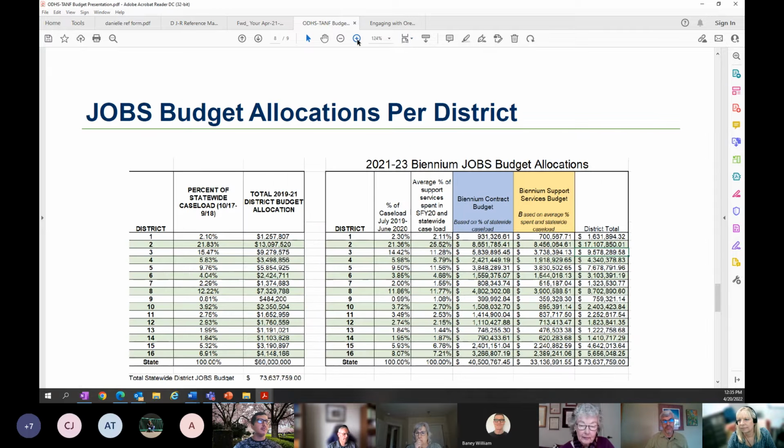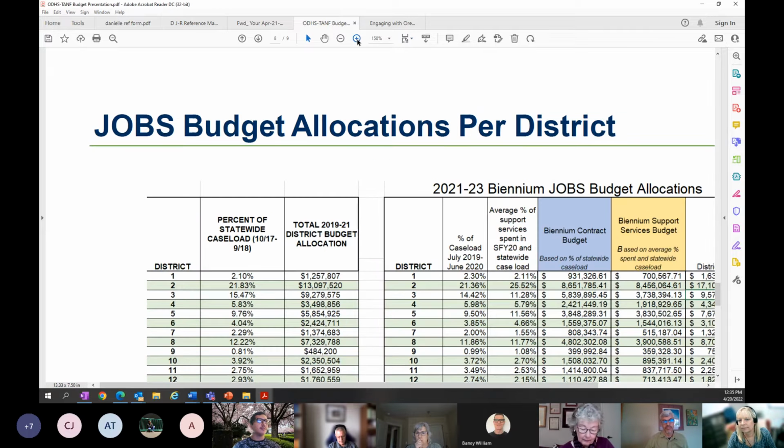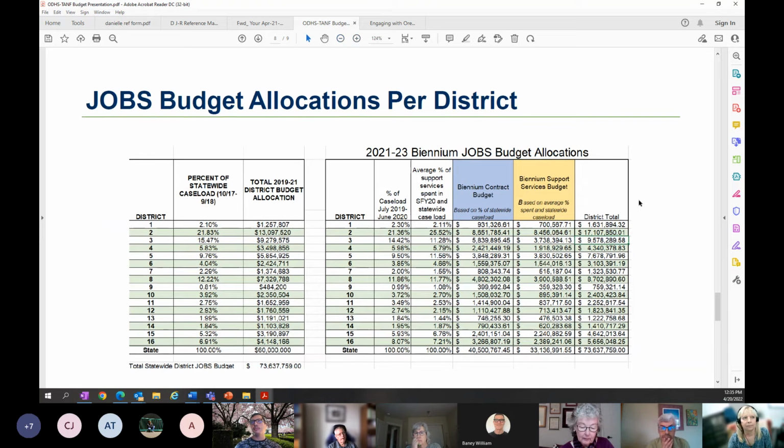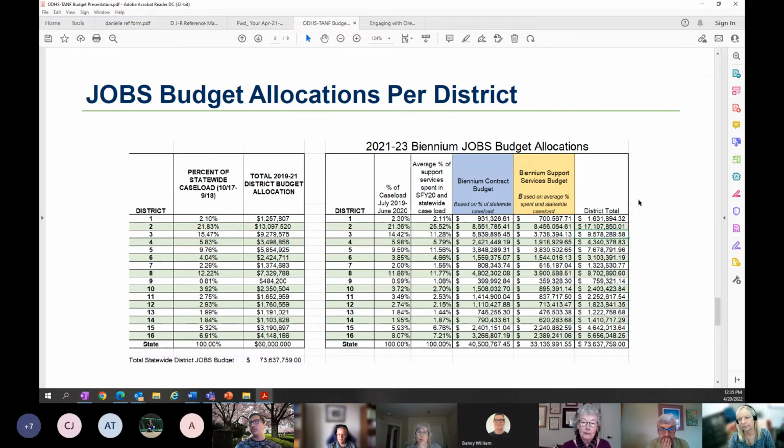So what we do at the beginning of each biennium, we get a projected budget. Actually, it's quite early before the biennium starts. Around October, November, Angela's shop produces a projected part of the TANF budget which will go to the TANF jobs program.